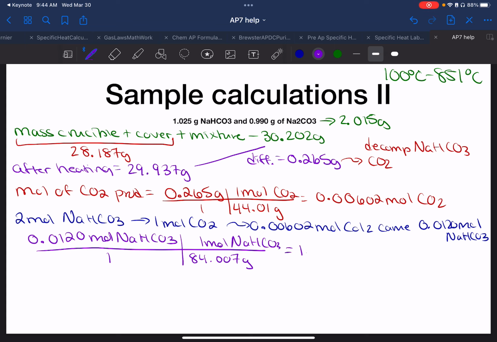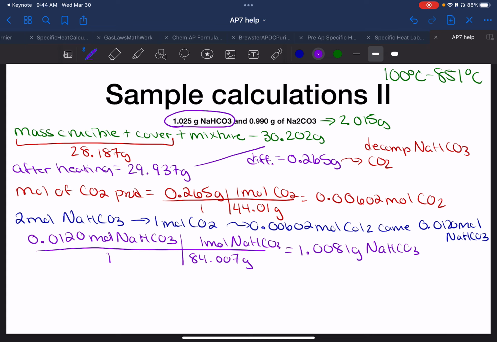And I'm going to find that I get 1.0081 grams of NaHCO3. Okay, the original mixture contained 1.025 grams. So pretty good, all right?